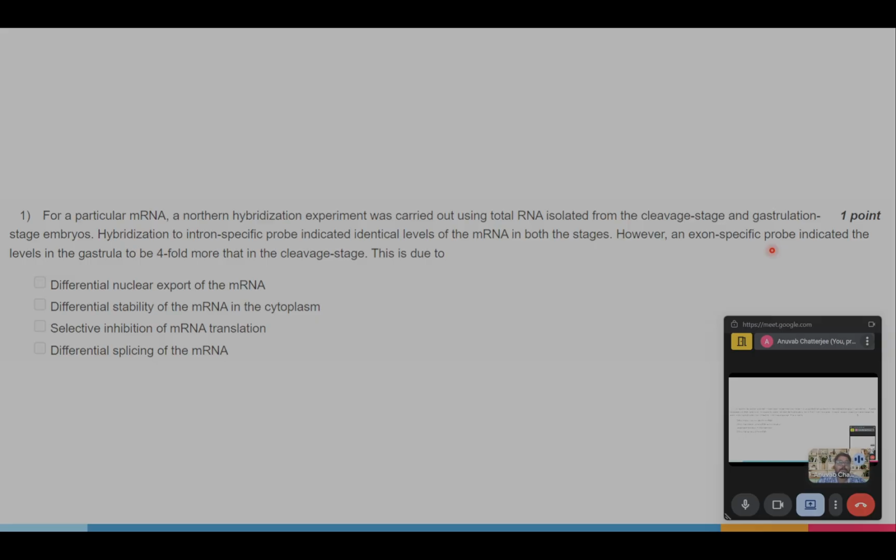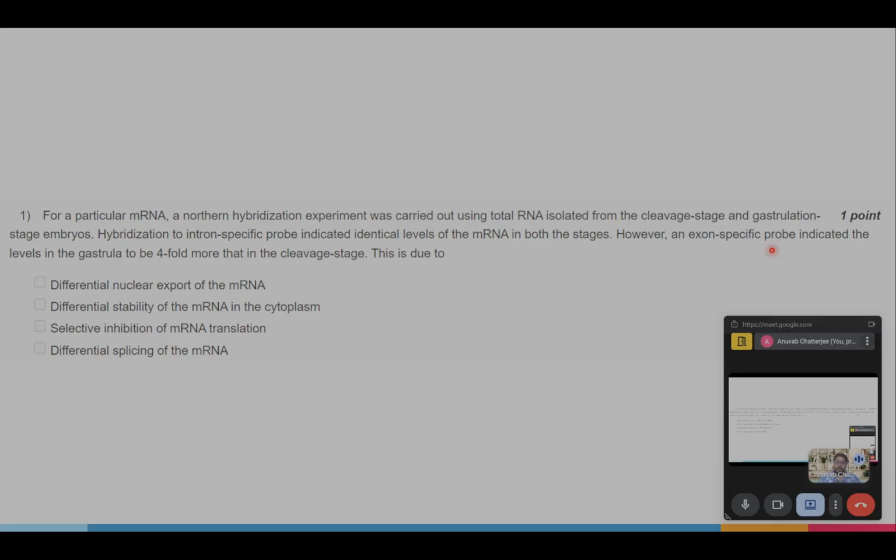So mRNAs which are mature, which have the splicing done and are probably present in the cytoplasm and are about to go into translation, those are the ones which are going to be caught by the exon specific probe, whereas the intron specific probe will catch immature mRNAs which are present in the nucleus, which have not undergone splicing yet.